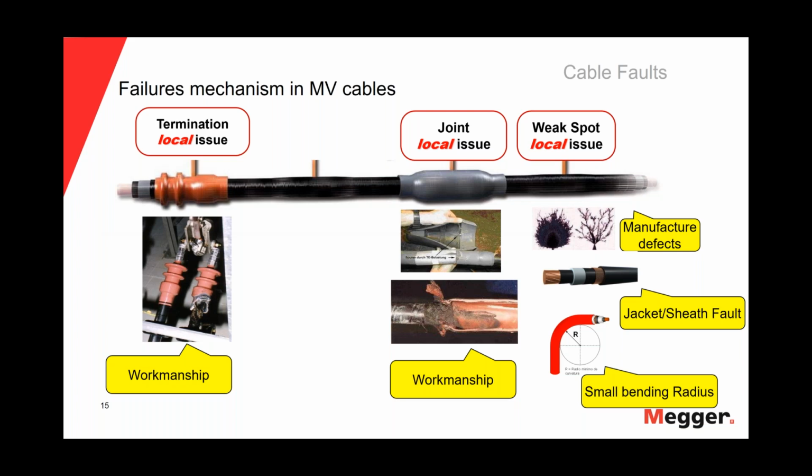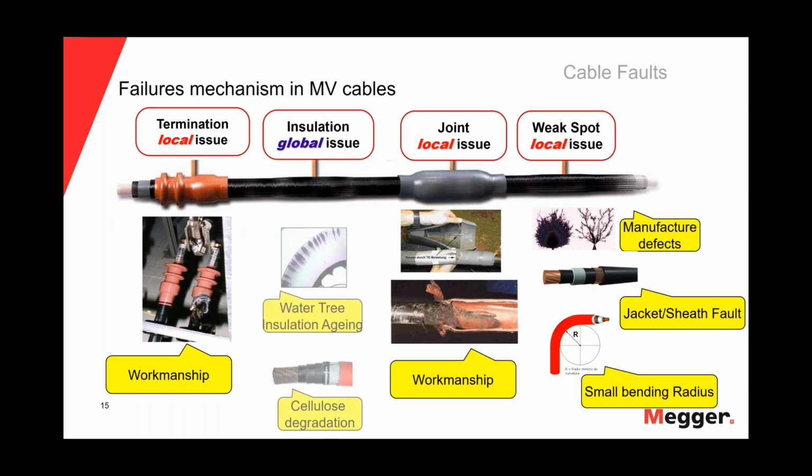And again, when we pull in the cable, we could exceed the bending radius, or we could over pull it, so we could cause some type of mechanical damage. So if we look at these failure mechanisms, we're talking about workmanship, installation, mechanical damage, this type of thing. Then if we look at the insulation itself, over time, the insulation itself can degrade and fail.